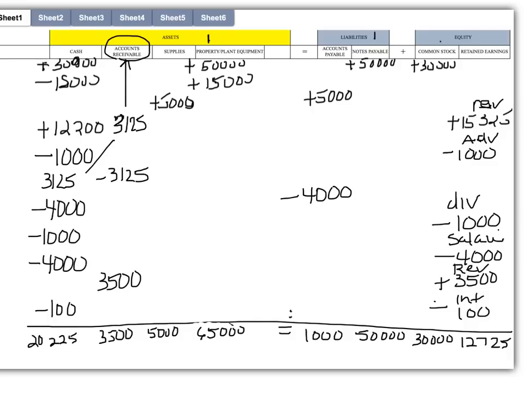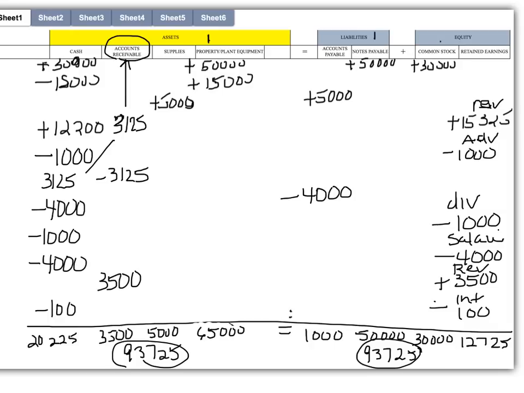So let's go ahead and try that again. 20,225 plus 3,500 plus 5,000 plus 65,000 equals 93,725. Let's go to the other side. We have 1,000 plus 50,000 plus 30,000 plus 12,725, and we get 93,725. So we balance, which means we're ready to go on to the next step.